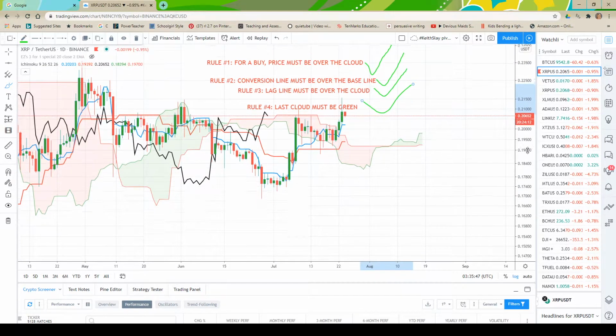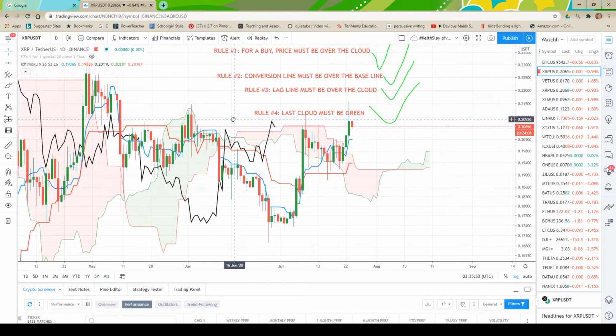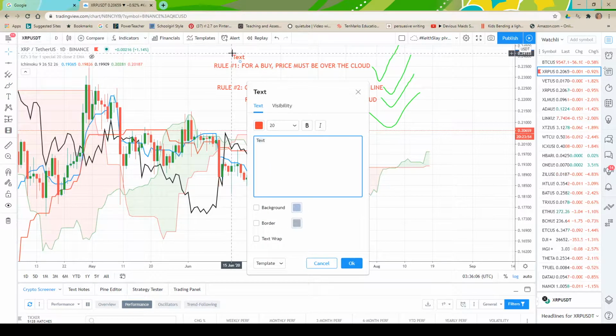Simple as that, y'all. The Ichimoku cloud says that XRP is a buy right now. If you do not meet all 4 of these parameters, you do not buy. Simple. Let's do this in black.